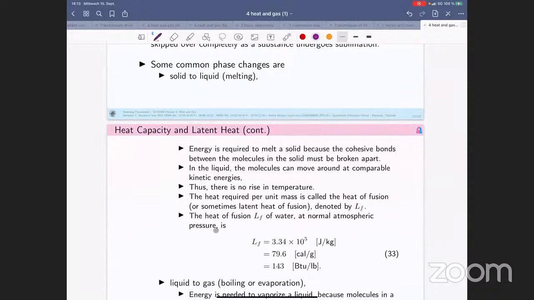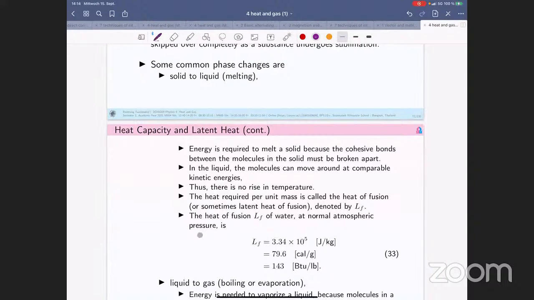Please note that the heat of fusion that changes the water from solid to liquid depends on the pressure too, right?